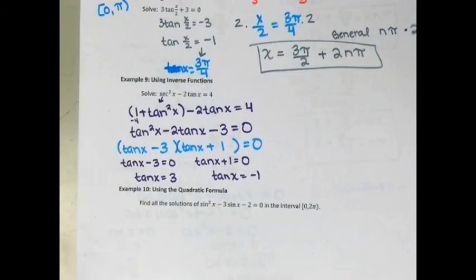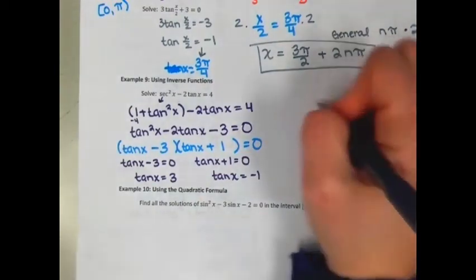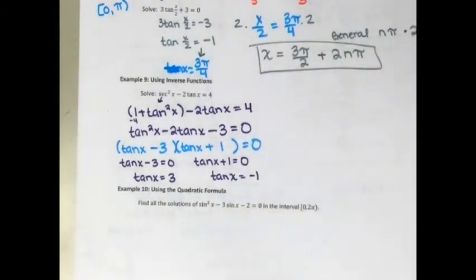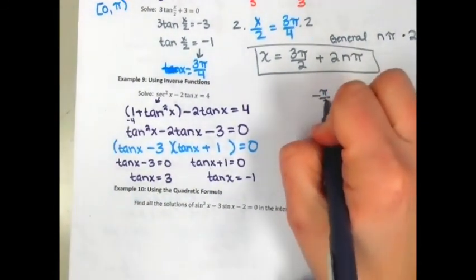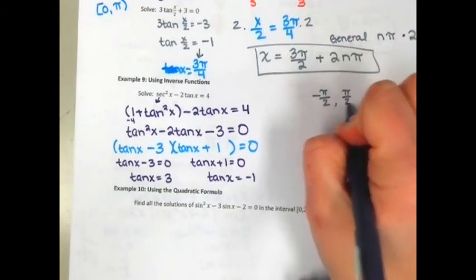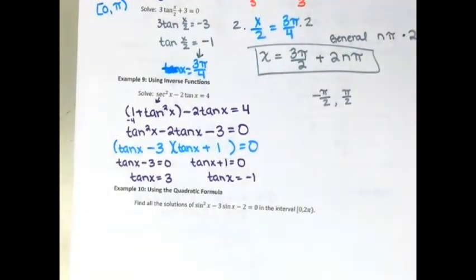Right. So now we're going to look at our inverse. We know with tangent, we want to be in between 0 and pi, but usually our period is pi, right? If we think of our normal tangent curve, we're in between negative pi over 2 and positive pi over 2, right? You guys okay with that? Okay.